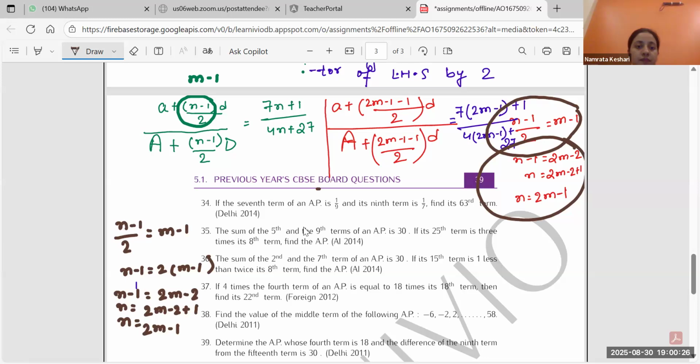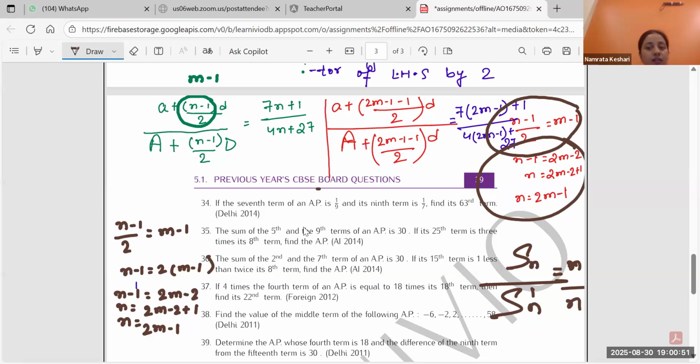Yes, ma'am. And this n I have substituted on the left hand side as well as the right hand side. See the sum of nth term formula: the ratio between the sum of nth terms over there and here contains n on the right hand side also.